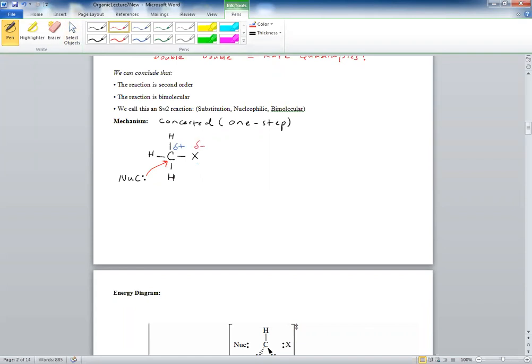And this is delta minus. So it forms a bond. Remember what that means, a two-headed arrow, remember, forms a bond with the carbon, and of course the carbon halide bond would break.